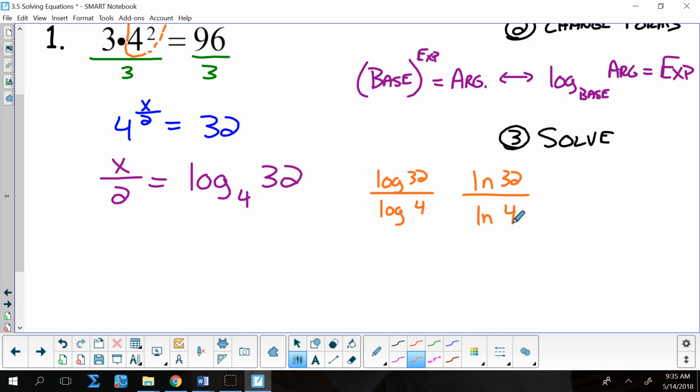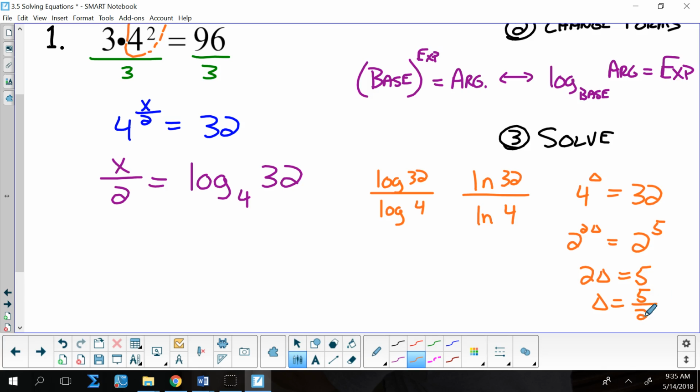Your other option is, I need to find the exponent that I'm going to put on 4 that's going to equal 32. Luckily, 4 is 2 squared, so the left side is 2 to the 2 triangle power. Luckily, 32 is 2 to the 5th. So 2 to the triangle power has to equal 5, so my triangle has to be 5/2.